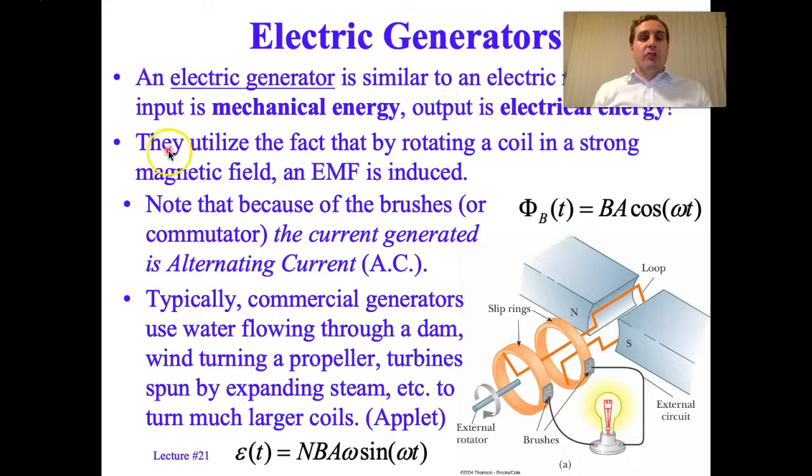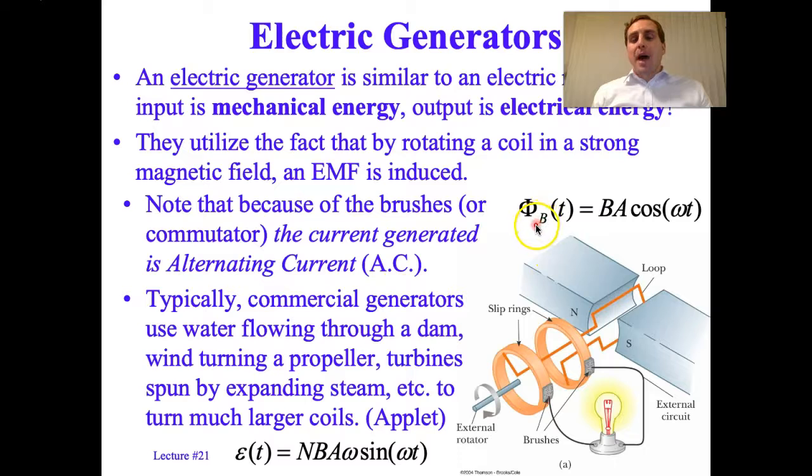Now, electric generators utilize the fact that by rotating a coil in a strong magnetic field, an EMF is induced. Because of brushes, or what we call a commutator, the current generated is alternating current, often abbreviated AC.